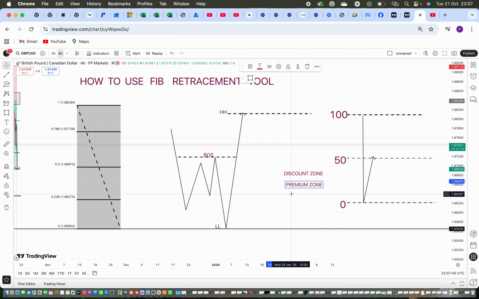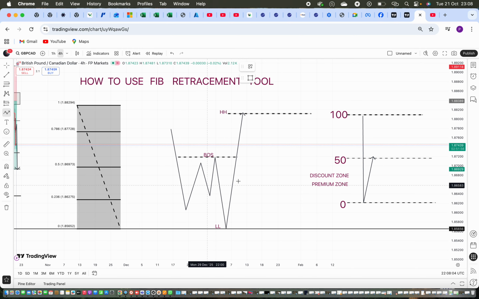Now, how do we apply this Fibonacci tool in our trading? Remember, I told you that after every break of market structure, we expect price to give us a certain pullback or retracement of a sort, maybe with this kind of market movement.